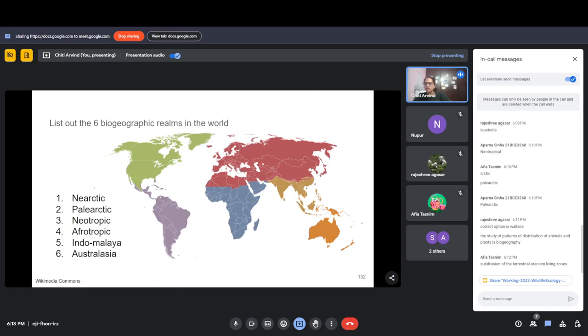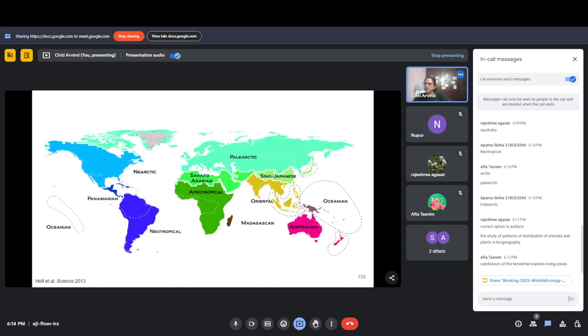2013. This was published in the scientific journal known as Science, and let me just pull that up. This is the number of biogeographical realms in the world. So, if you look at this, do you think the number of realms have increased or decreased? This is the updated version.